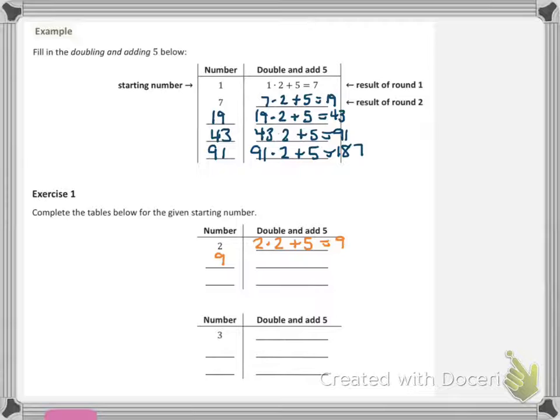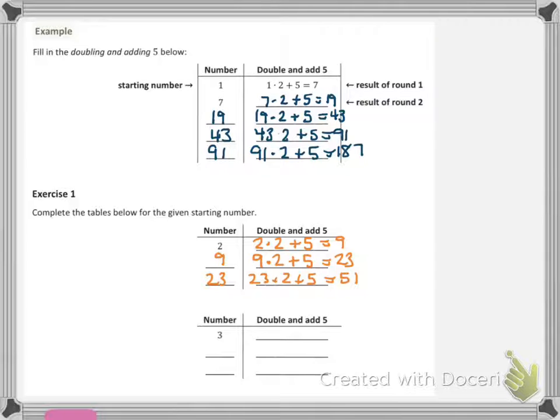That becomes the first number of the second round. 9 times 2, 18, plus 5 is 23. And then we start with the 23. 23 times 2, that's 46, plus 5 is 51. Okay? Got the idea?